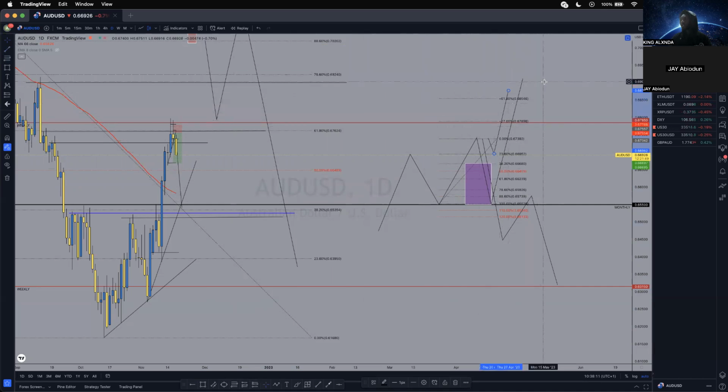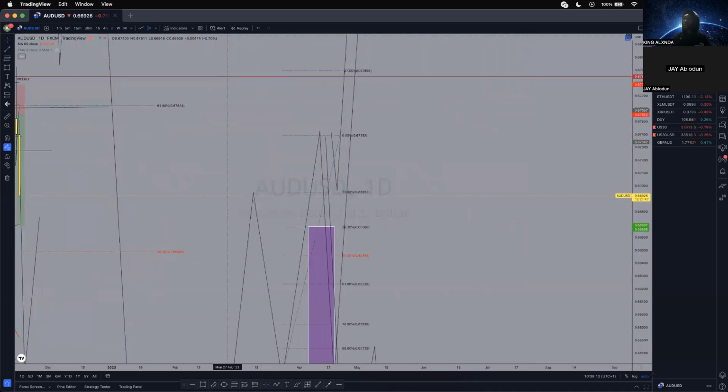So this is another example. You can have the market do this, but still be bullish because the most recent higher low has not been broken. The initial higher low has not been broken.